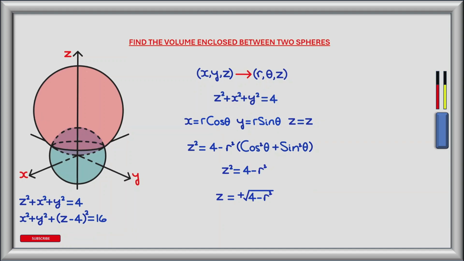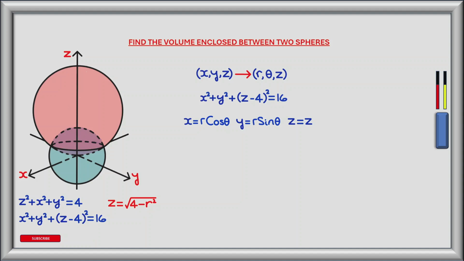If we take the positive square root of both sides of the equation, because the enclosed volume only includes the upper hemisphere of the blue sphere, we arrive at z is equal to the square root of 4 minus r squared.